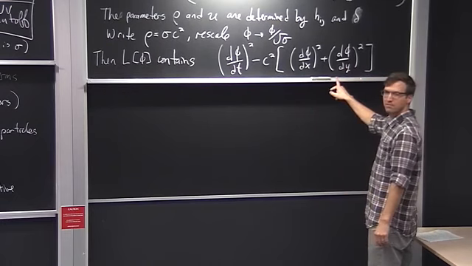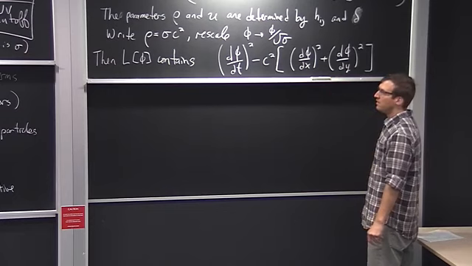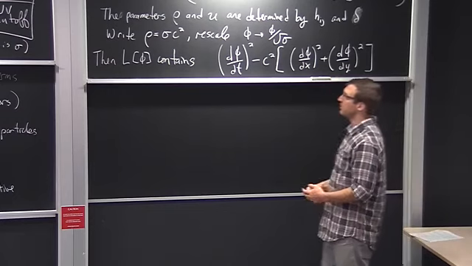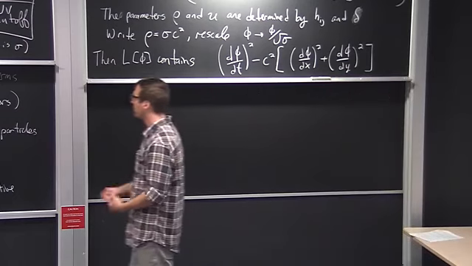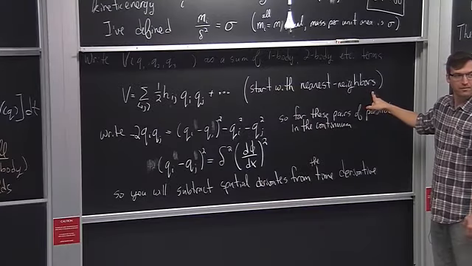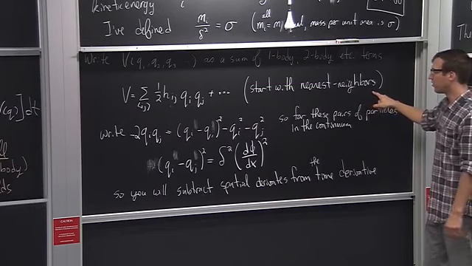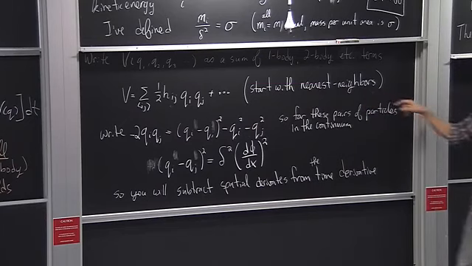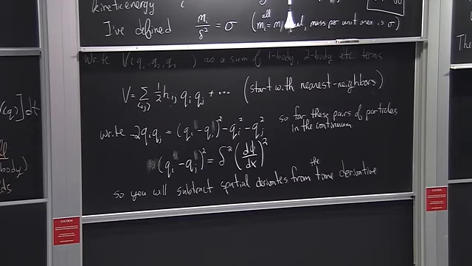Can I ask what happened to the nearest neighbor restriction? But here this integration is over all space. Right, so anything past nearest neighbor, I'm just including in these dots here. The nearest neighbor basically gives you the first derivative.